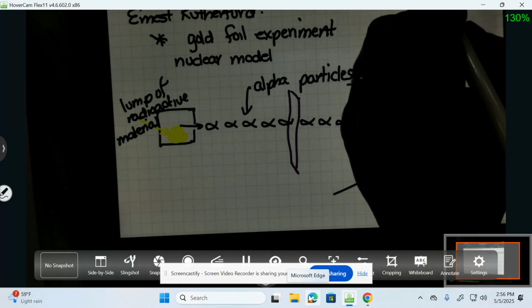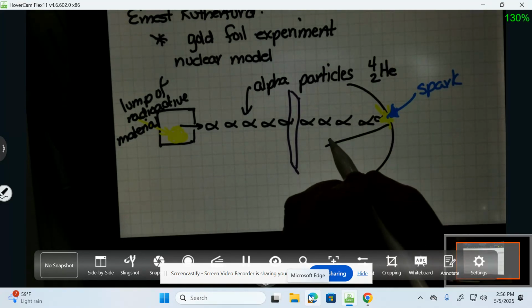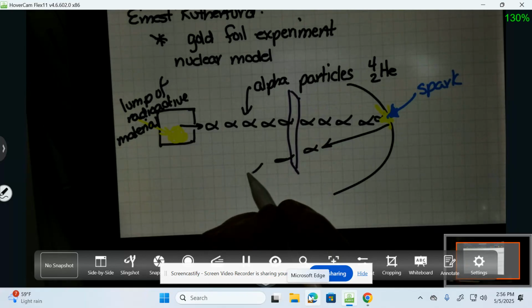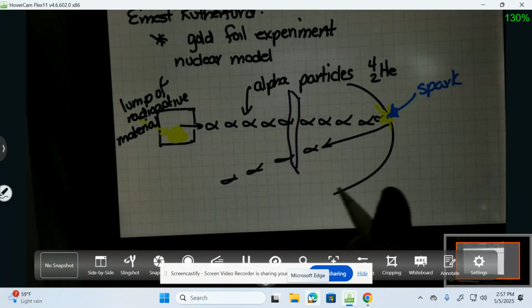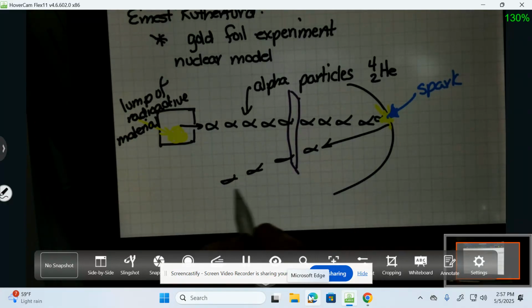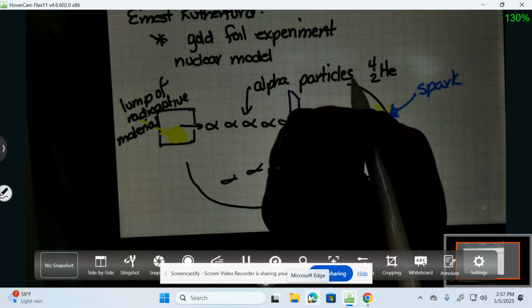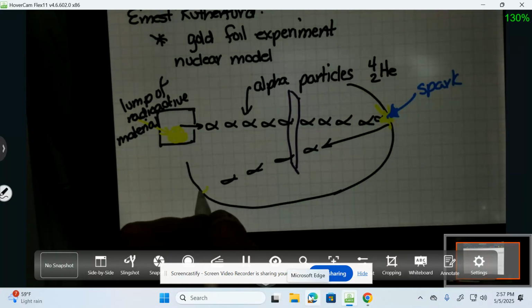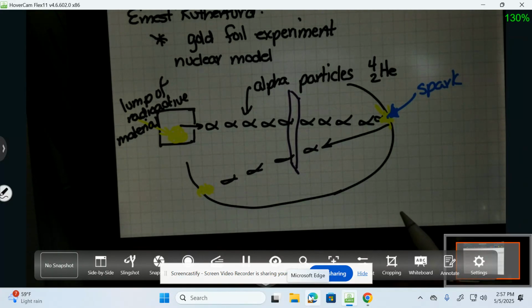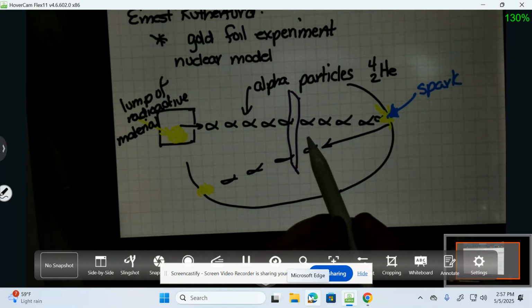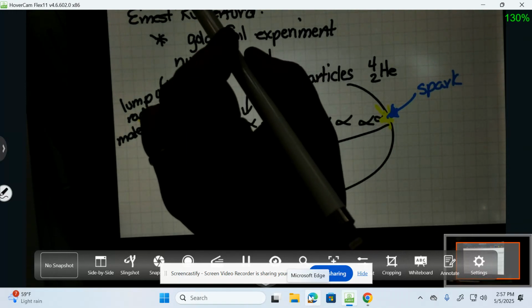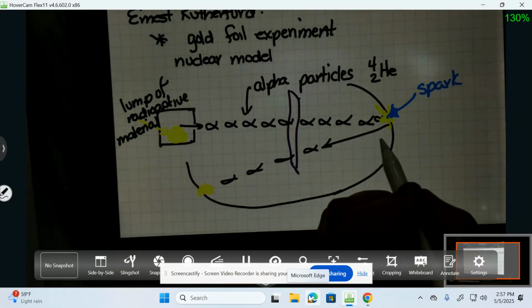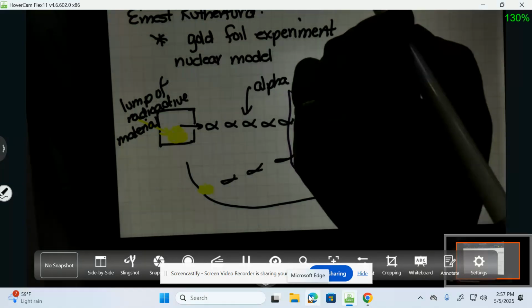But every once in a while, an alpha particle bounced back and seemed to come back in the same direction from which it was shot. And it would hit over here somewhere if this shield went around like that, there would be another spark over here. Oh, I should have drawn this, I'm sorry. This shouldn't have gone there. It should go here.